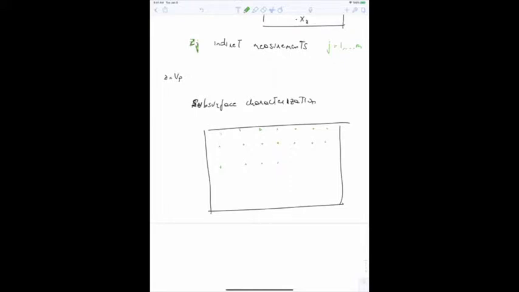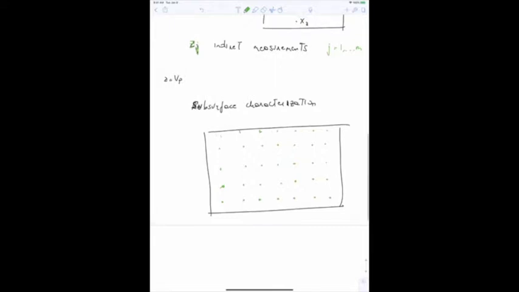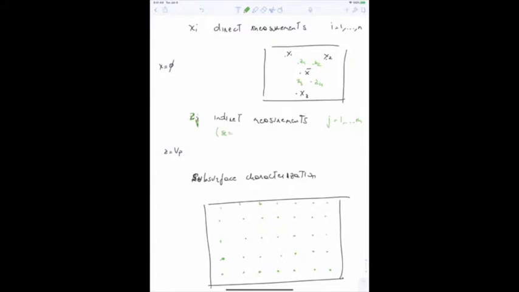I forgot to mention, I like to call them direct and indirect measurements, but the common terminology in geostatistics is primary and secondary variable, where primary is the one that you are interested in and secondary is somehow related to it. So this one here is the secondary variable. And this one here is the primary variable.